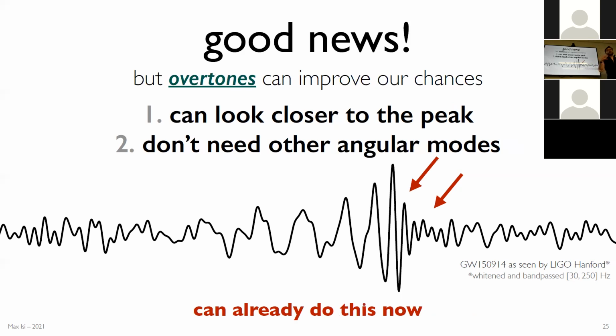Most people, at least in the data analysis world, were thinking of just the fundamental mode of each angular harmonic, for which the previous statement is true. You have to go very late in the waveform, and the other modes are much weaker. But if you look at overtones of a given angular pattern, in particular the dominant quadrupolar 2-2 mode, it allows you to come way closer to the peak, and they are way louder.